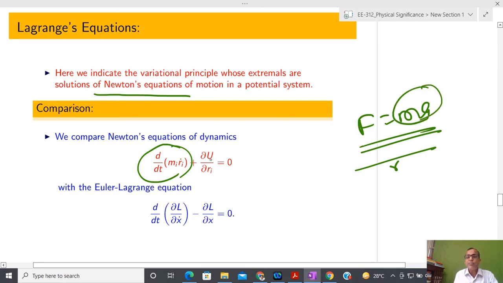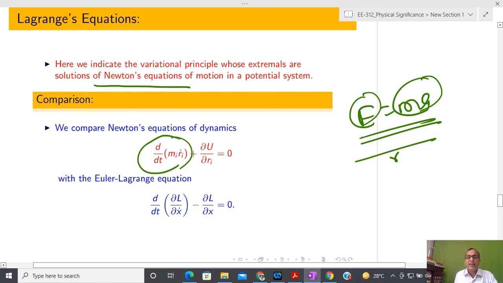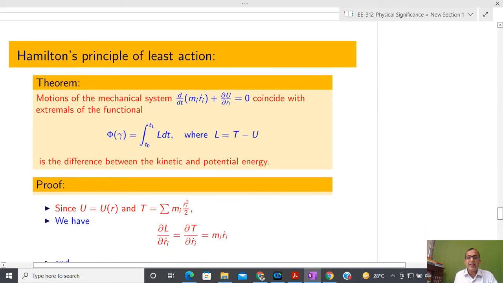It is possible to show that if you know the potential energy and differentiate it with respect to r, that will give you the force. Now I am going to correlate this with this. From these two I can write a comparison like this.